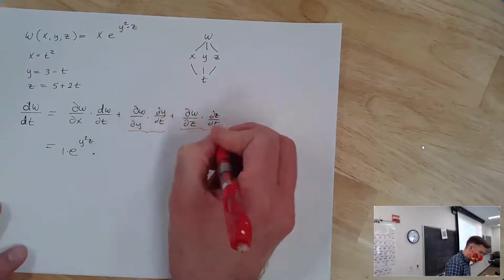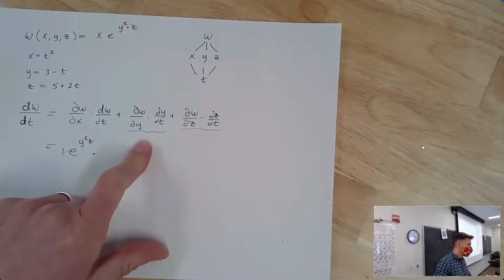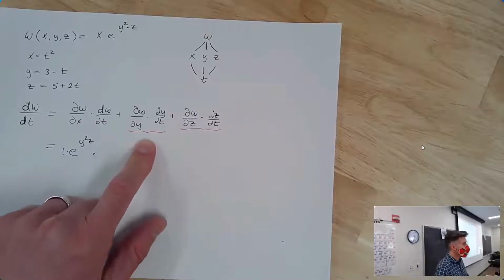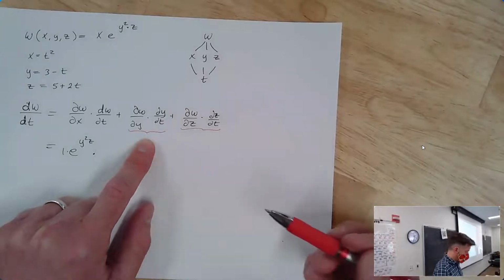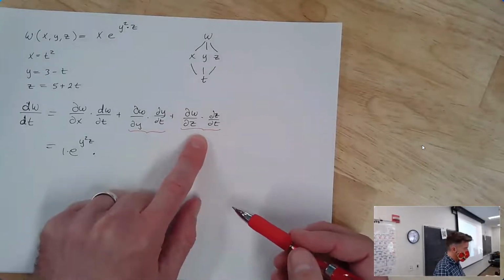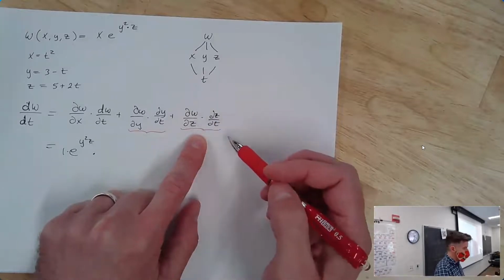I know they're not fractions, but if I could cancel things like they were fractions, what would cancel in this first one? The dy or the del y, whichever thing you want to call it. And I'd be left with what? Right. How about here? Same deal. DZs would cancel. I'd be left with dw over dt.